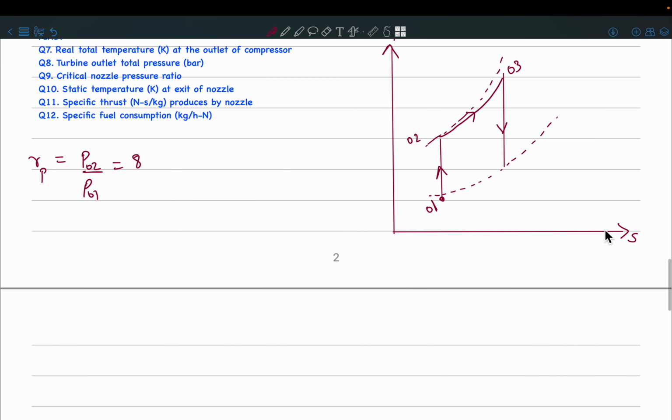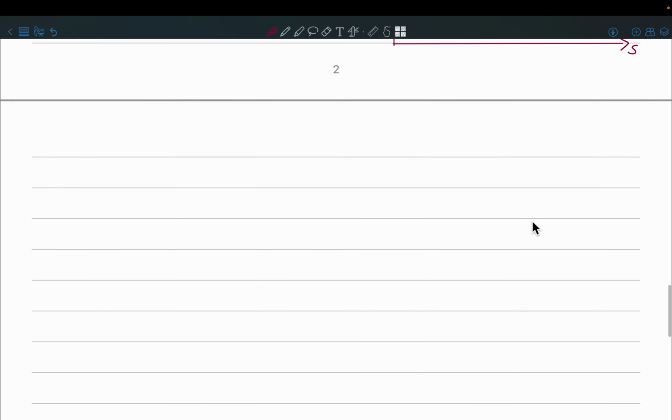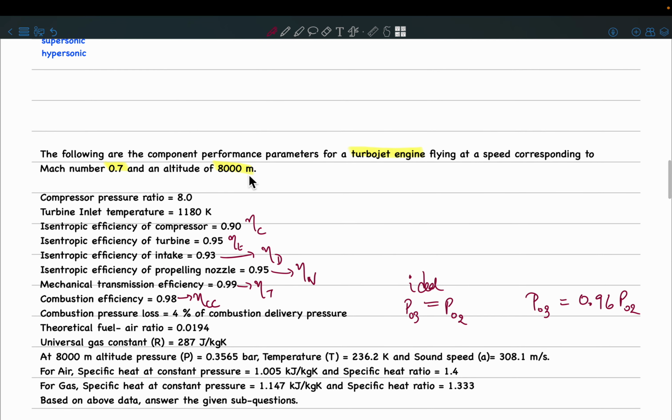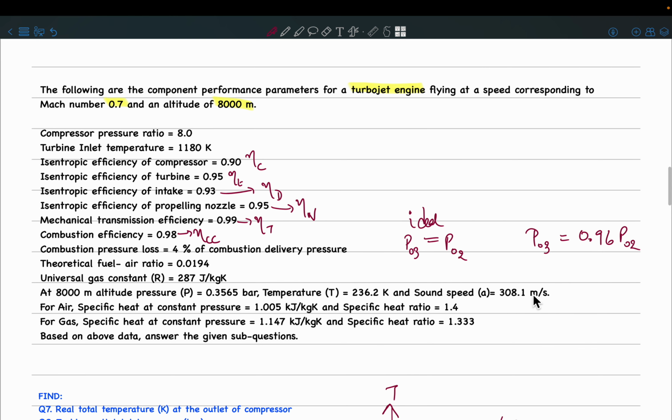Now tell me what is the equation for T01, because we are given the inlet conditions: at 8000 meter altitude the temperature is 236.2 Kelvin, the speed of sound is 308 meter per second, and the pressure is also given at this altitude.